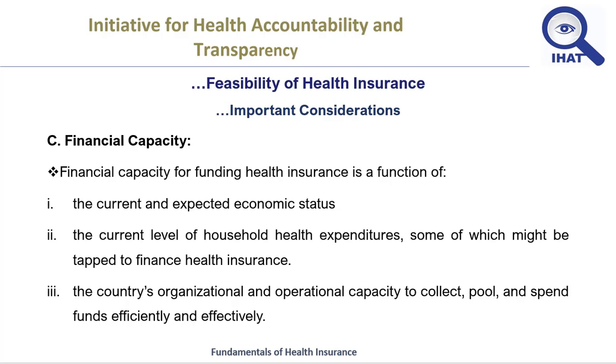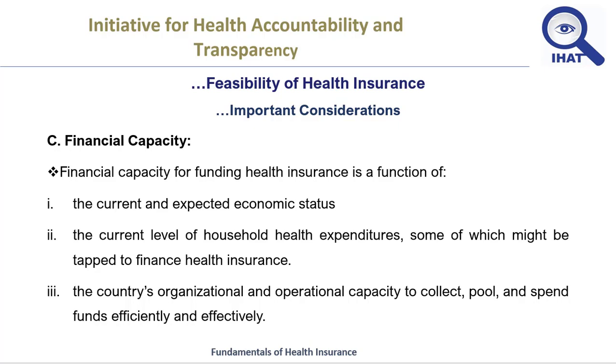The third consideration is to assess financial capacity. Financial capacity for funding health insurance is a function of, one, the current and expected economic status, the current level of household health expenditures, some of which might be tapped to finance health insurance.